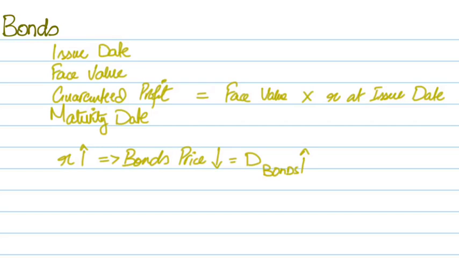On the other hand, if the interest rates fell, then the price will rise and the demand will fall. So basically the guaranteed profit remains constant, which means that the selling price is determined by the market interest rate at the time of resale, right?